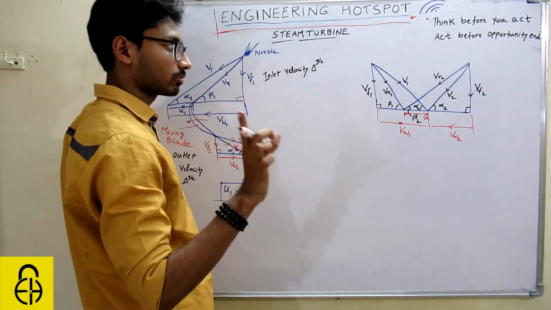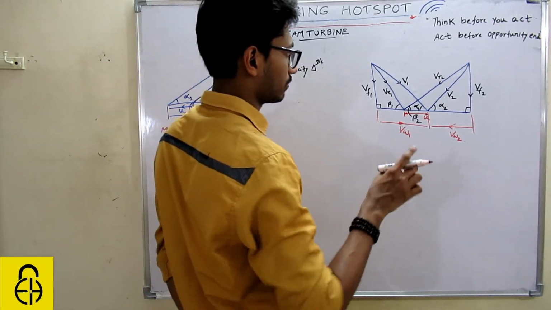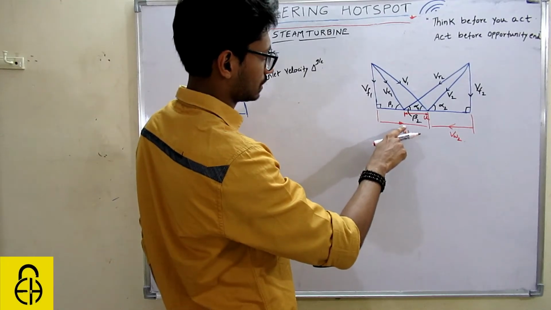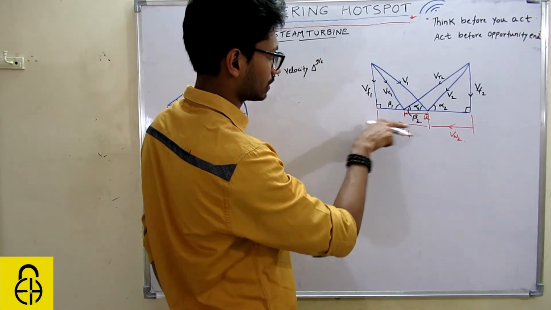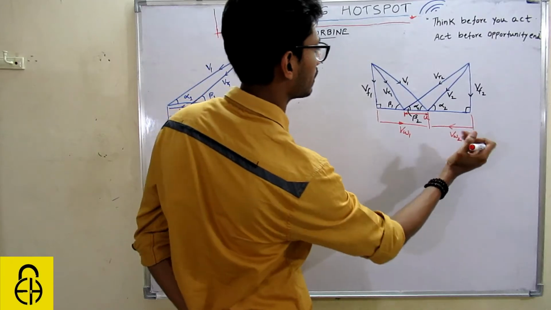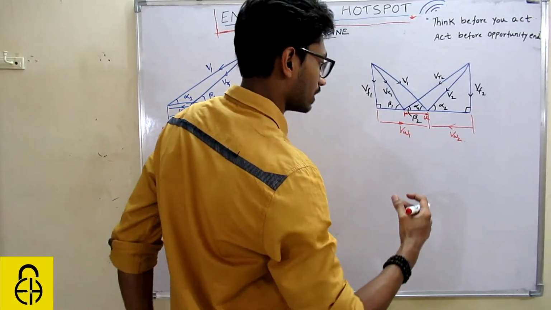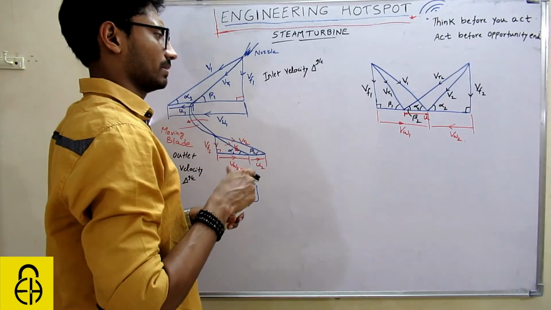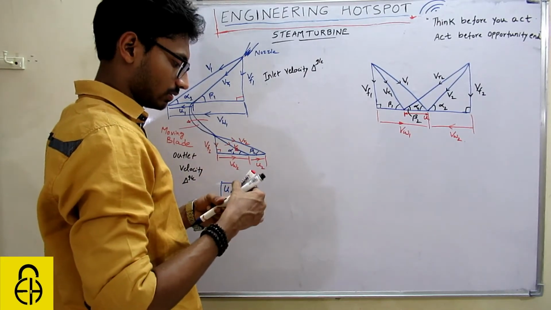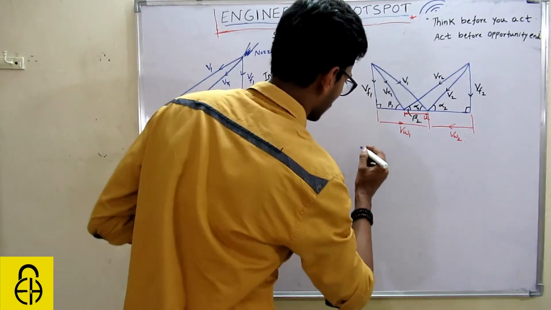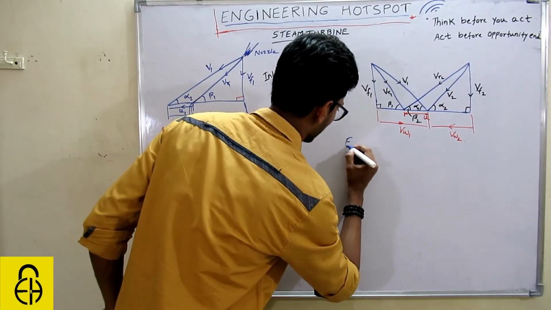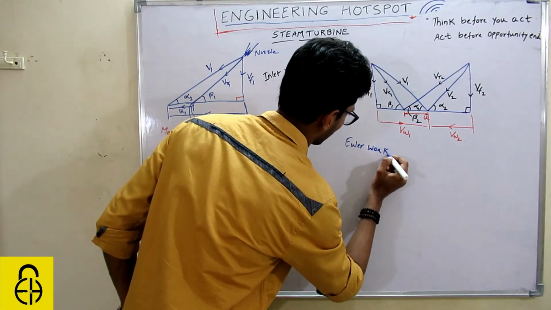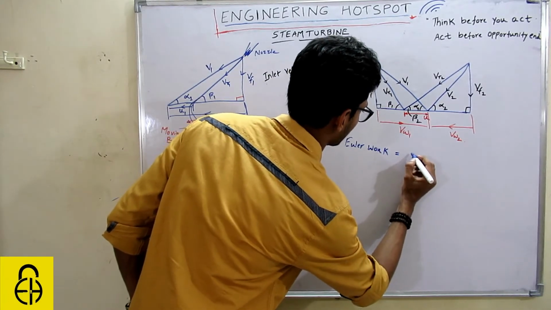Now one thing you have to look at in this diagram, this is called the combined velocity triangle. In this diagram you can see VW1 is towards the right while VW2 is towards the left. They are in opposite sense. And from the Euler work for turbomachinery, what does it say?